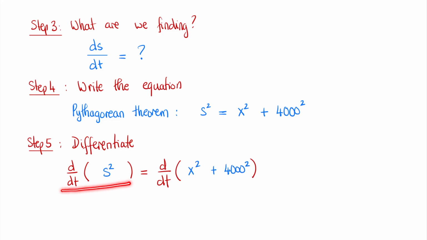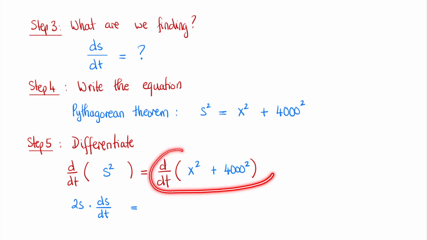To find the derivative of s squared, we'll use the chain rule. The outside function is the power function, so we bring the 2 down. We have 2s multiplied by the derivative of s. To find the derivative of x squared plus 4,000 squared, we'll find the derivative of x squared plus the derivative of 4,000 squared.